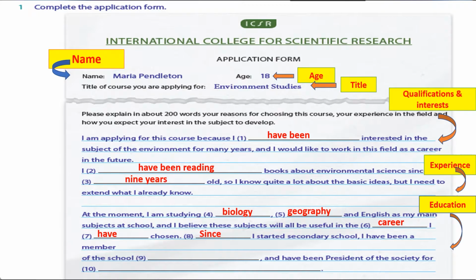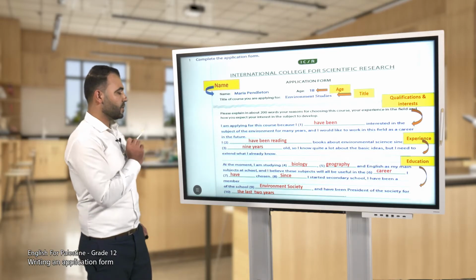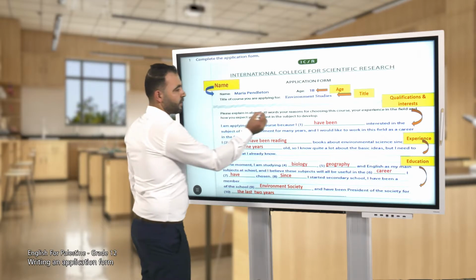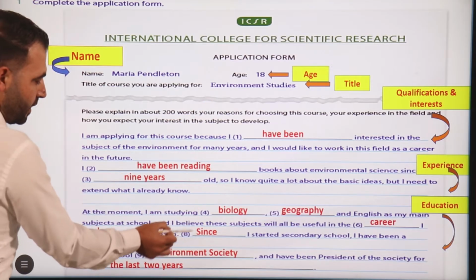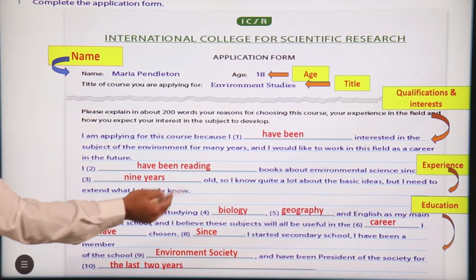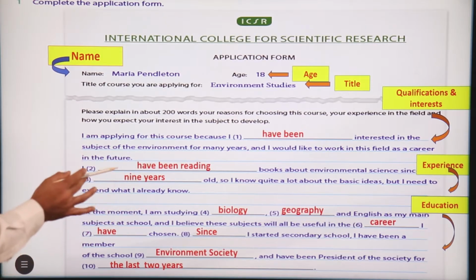Since I started secondary school, I have been a member of the School Environment Society and have been president of the society for the last 2 years. Pay attention to the title: it should go up with the subjects and the experiences that you are supporting or you are talking about.